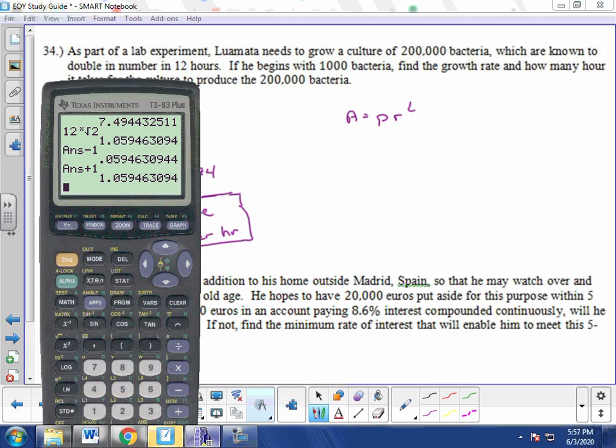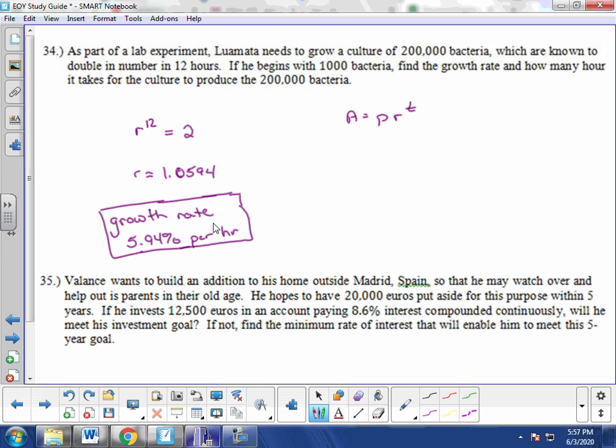So we'll just use the same letters I had before. This is not compounding, it's just an exponential growth. So the amount that we want is 200,000. We want to produce 200,000 bacteria.